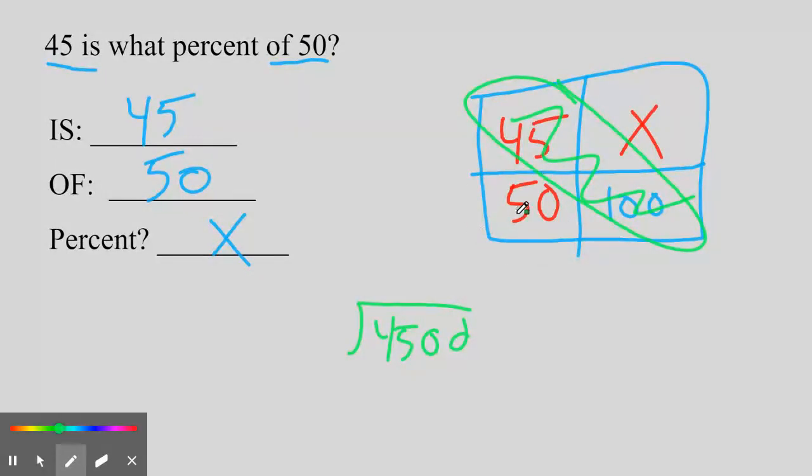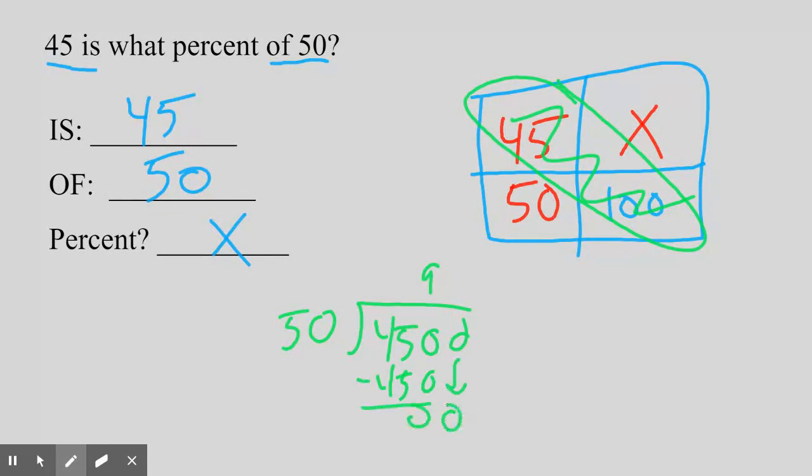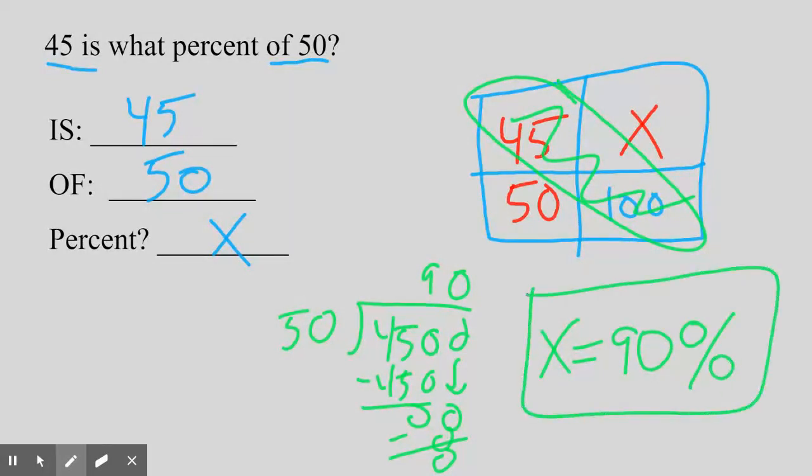Then whatever is left over goes on the outside, and I can now divide. 50 cannot go into 45, but it can go into 450 nine times. Bring down my 0. 50 can go into 0 zero times. And I would get x equals 90%. Since we're dealing with percent, please make sure you put that percent sign or it will be counted wrong.